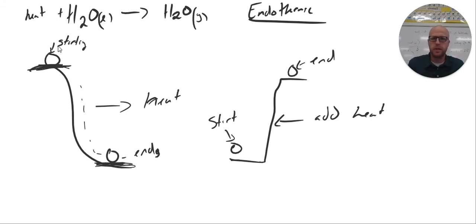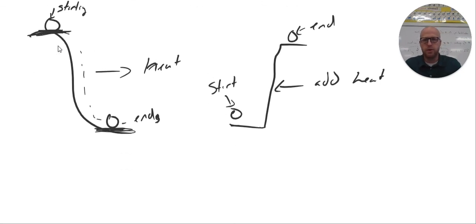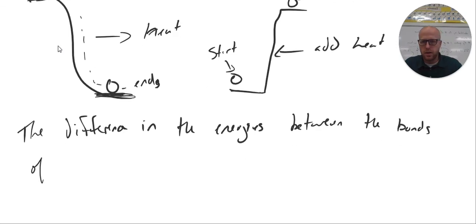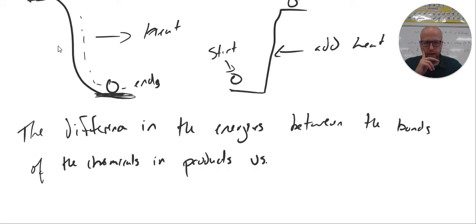All right, so that's a real quick summary of the beginning of thermochemistry. So this down here is really what we're going to start looking at. The difference in the energies between the bonds of the chemicals, okay, in the products versus reactants.